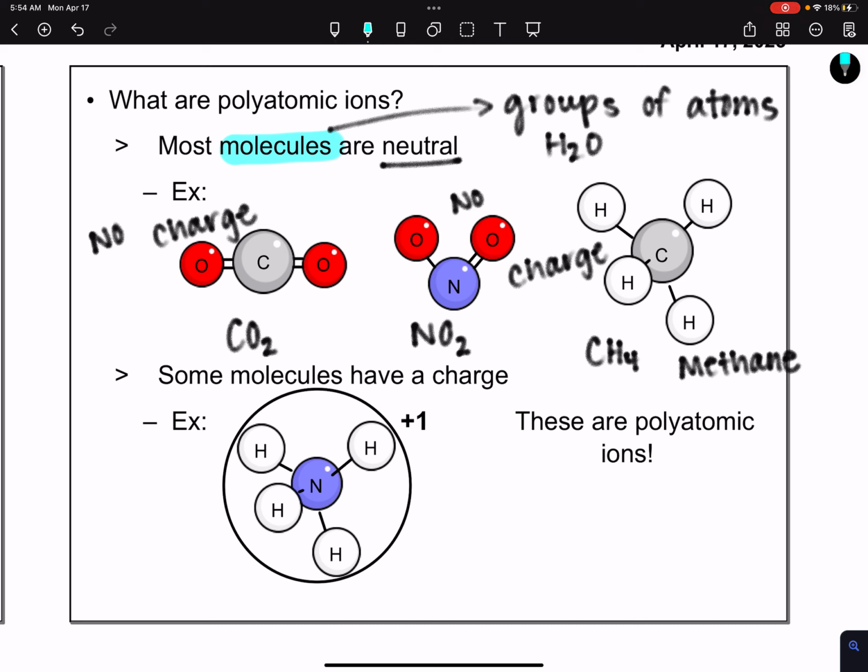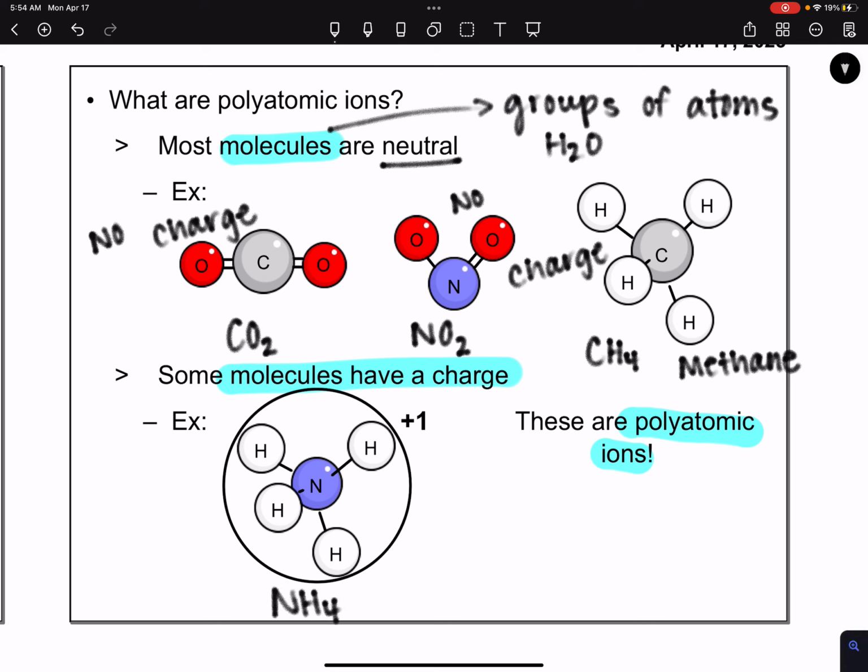However, there are some molecules that have charge. Molecules that have charge are no longer called molecules, they're called ions. And since they're ions that are made of more than one atom, they're polyatomic ions. So a great example of this is the molecule NH4.